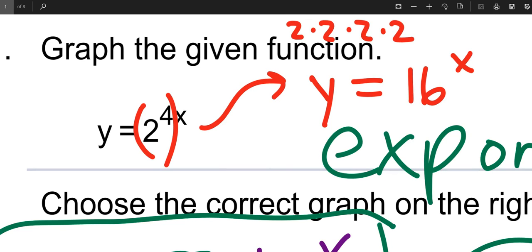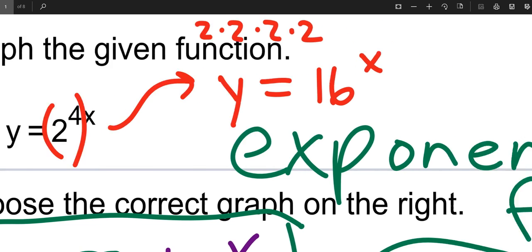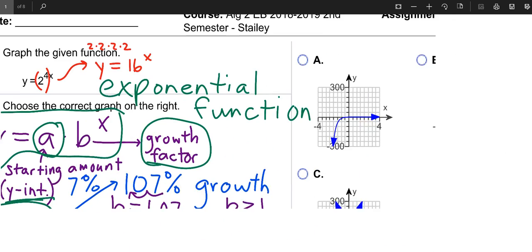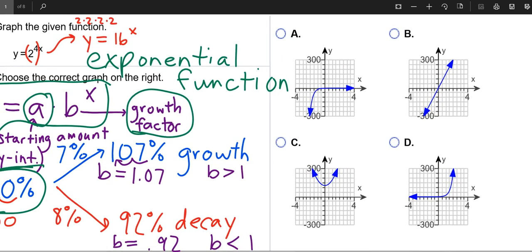Is this what you want your money to do or not? Holy cow, yes. If I was multiplying my money by 16 every single year, woo! That means I'm getting a private island in a short amount of time, folks. Any of these graphs look absolutely ridiculous for this?